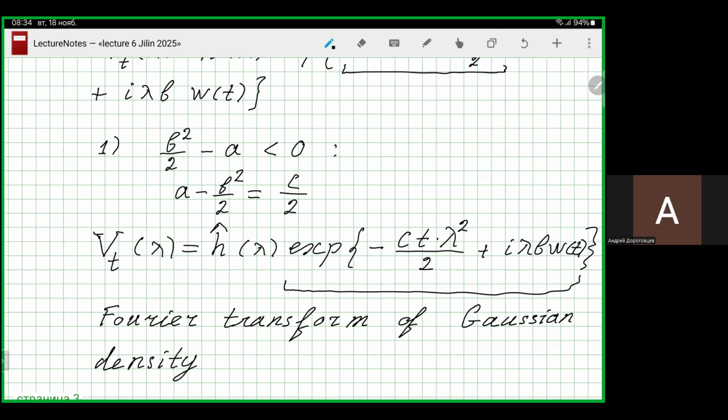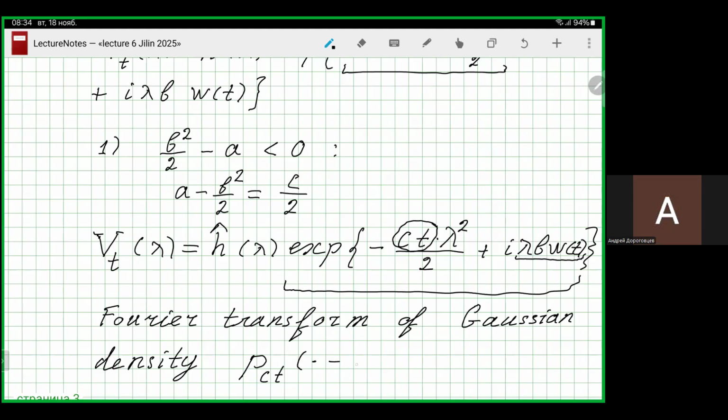Of Gaussian density P, what will be the variance? Here is the variance. You remember I specially wrote it in this way, CT. But also we have a mean, and what will be the mean? This one.